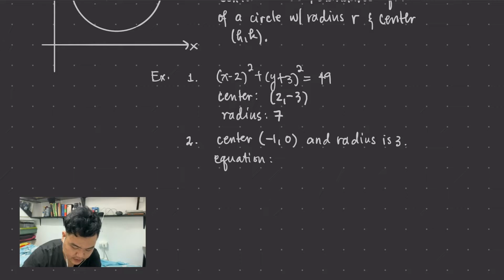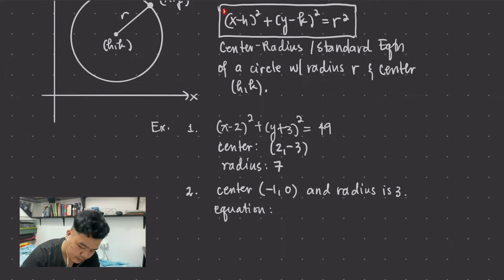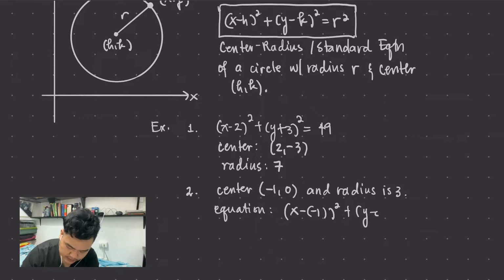If we have the center (negative 1, 0) and the radius is 3, we will just apply our formula. This is our h, this is k, and this is r. So we get (x minus h) squared plus (y minus k) squared equals r squared.